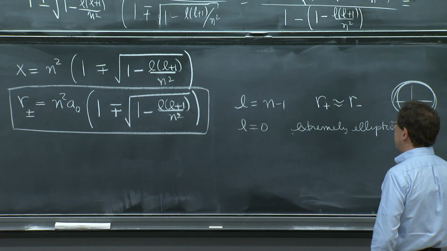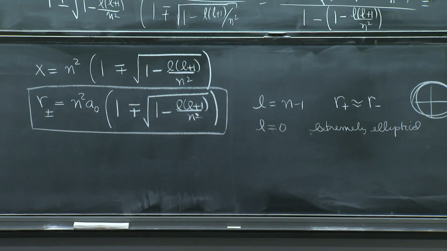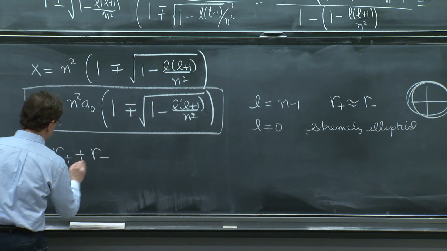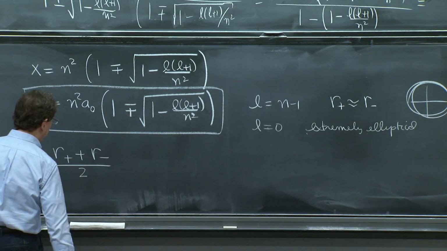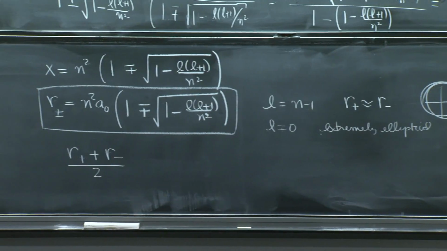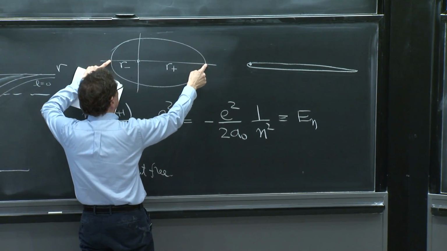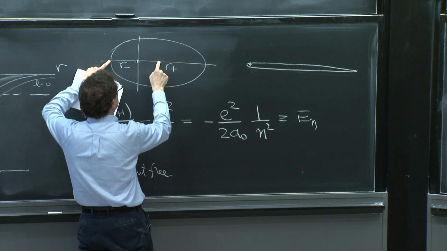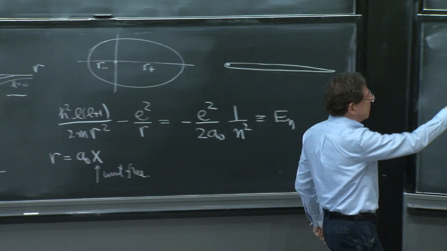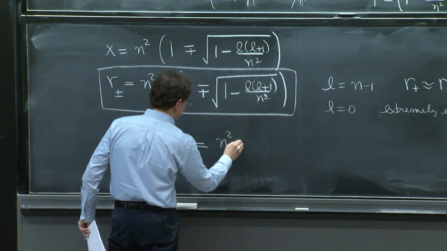And finally, we can say here, for example, one interesting thing, that r plus r minus over 2, which is the total longest axis of the ellipse divided by 2, the center of the ellipse, not the focus, that distance is independent of L, so you'll have n squared a0.